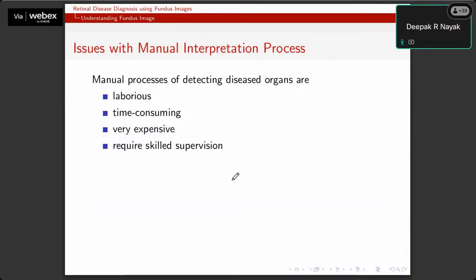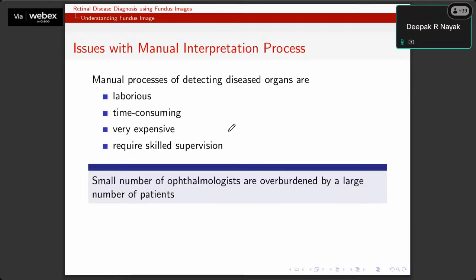As we all know, the manual interpretation process is very difficult, even observer dependent. It always requires supervision, and we do not have that many ophthalmologists in our country compared to the large number of patients we have. You will not always find the experts, right? So that is one of the reasons why we are looking at designing automated approaches to solve the problem, and to at least help the ophthalmologist, or you can say help the patients.